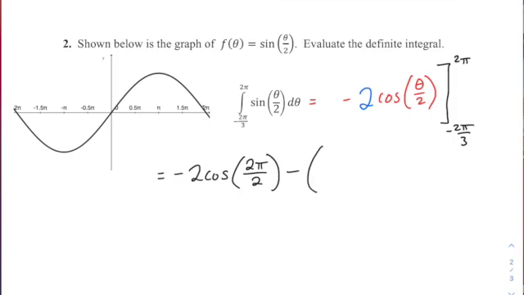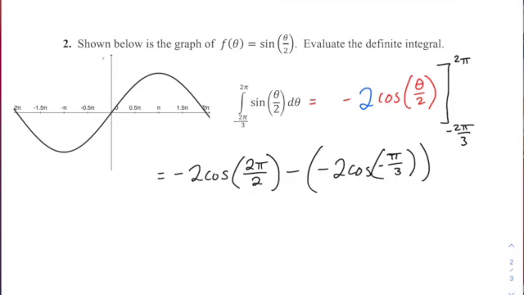So watch this double negative here. Minus negative 2 cosine of negative 2 pi over 3 divided by 2. When you plug this in, negative 2 pi over 3, you divide it by 2, and it will become negative pi over 3.